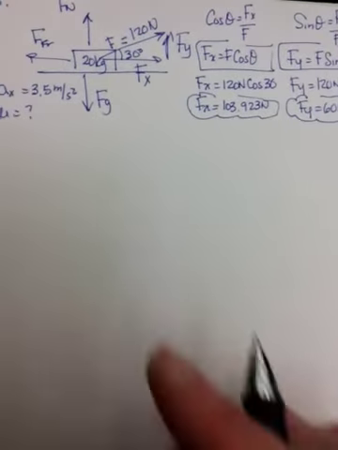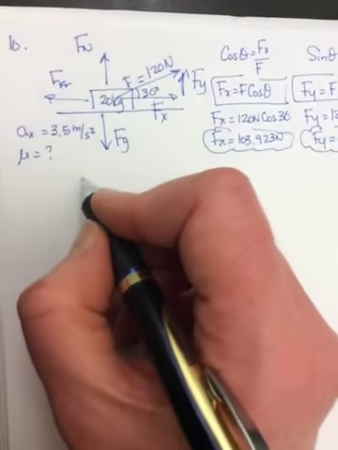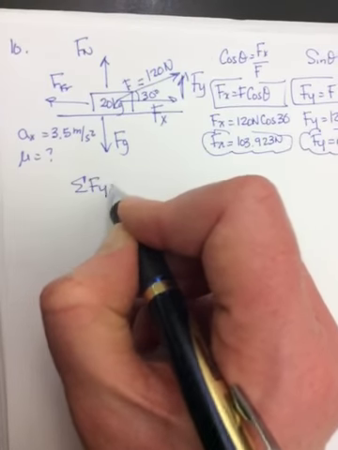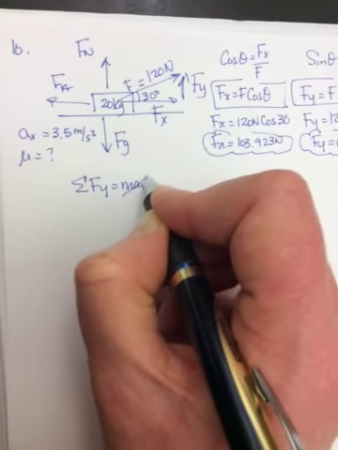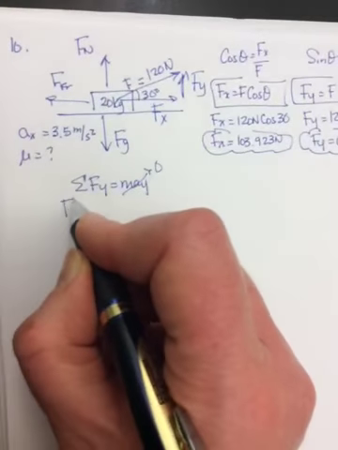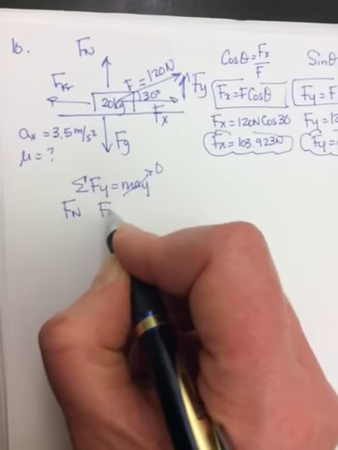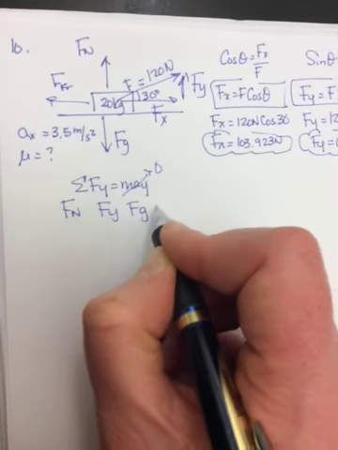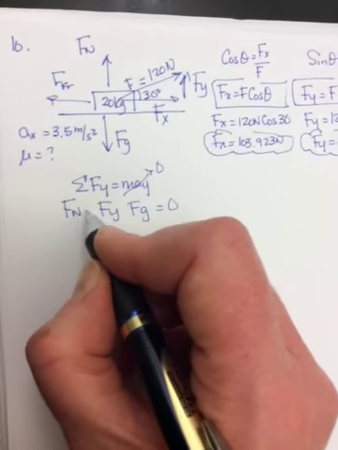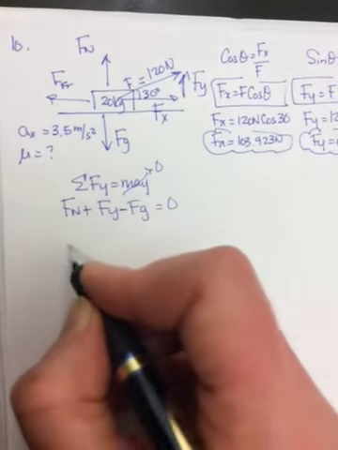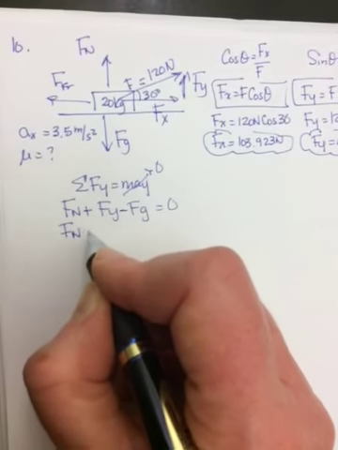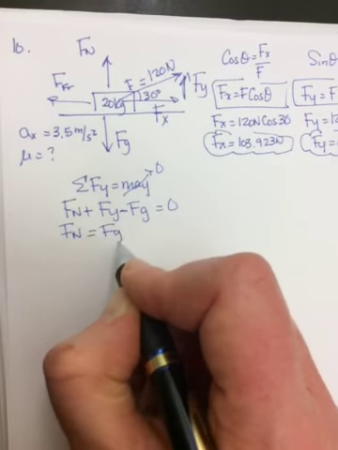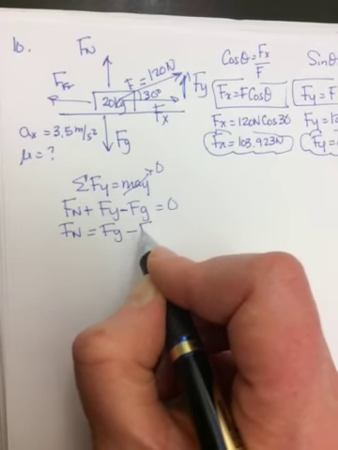Now we do exactly what we always do, the sum of the forces in the y direction. It's not moving in the y, so this will be 0. There are 3: Fn, Fy, Fg. If we call up positive, then Fn and Fy are both positive, Fg is negative. Always solving for Fn, so it'll be Fg minus Fy.